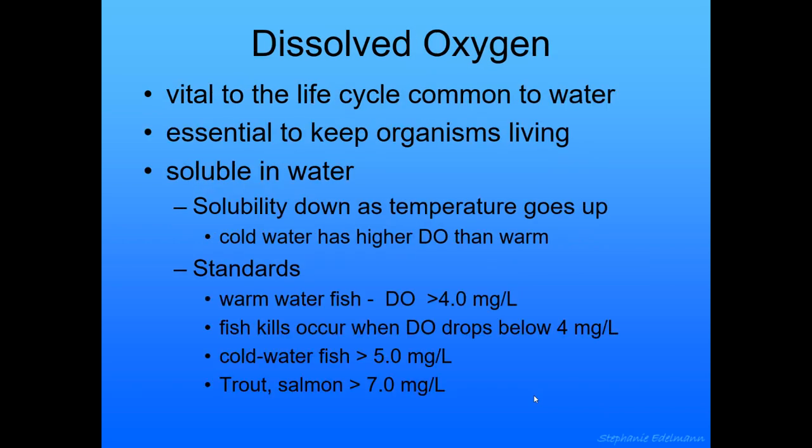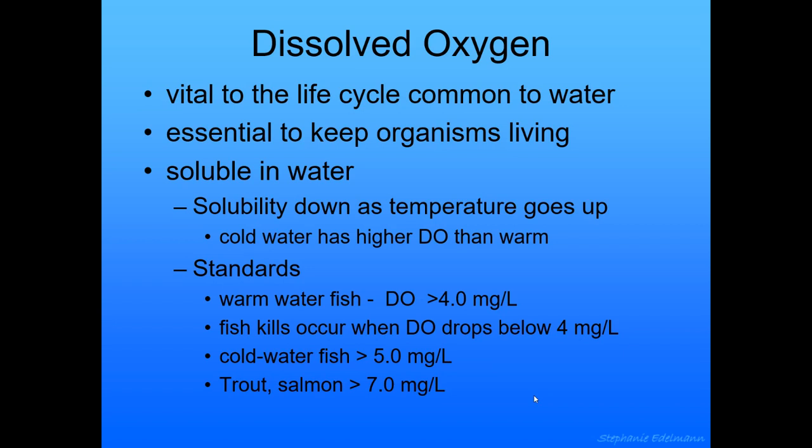Dissolved oxygen is vital to the life cycle common to water because it's essential for fish to live in the water. It is soluble in the water. One of the surprising things is that the solubility of oxygen goes down as the temperature goes up. So cold water can hold a higher dissolved oxygen content than warm water.